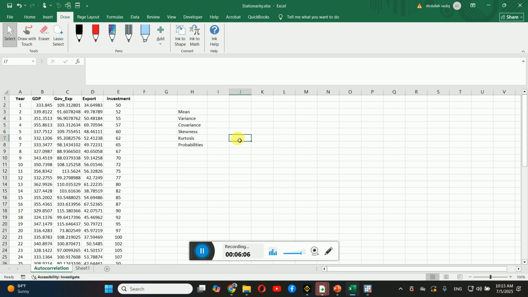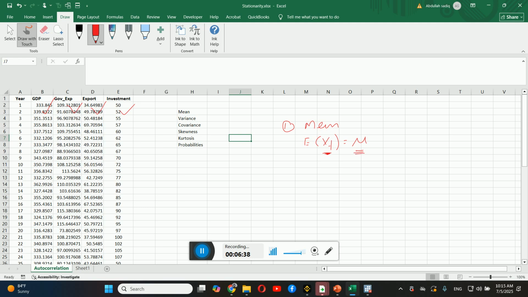Technically, you can say, if these three characteristics hold. Number one, the mean value: the expected value of xt, the time series, that is mu, is constant. Keep in mind you should check the stationarity for each variable here, for any time series you are choosing. So the expected value of the x time series should be constant.